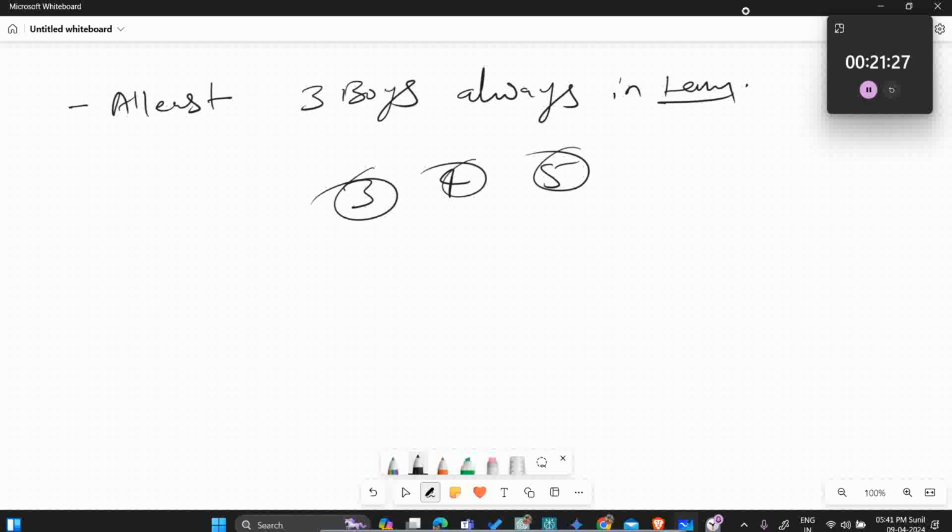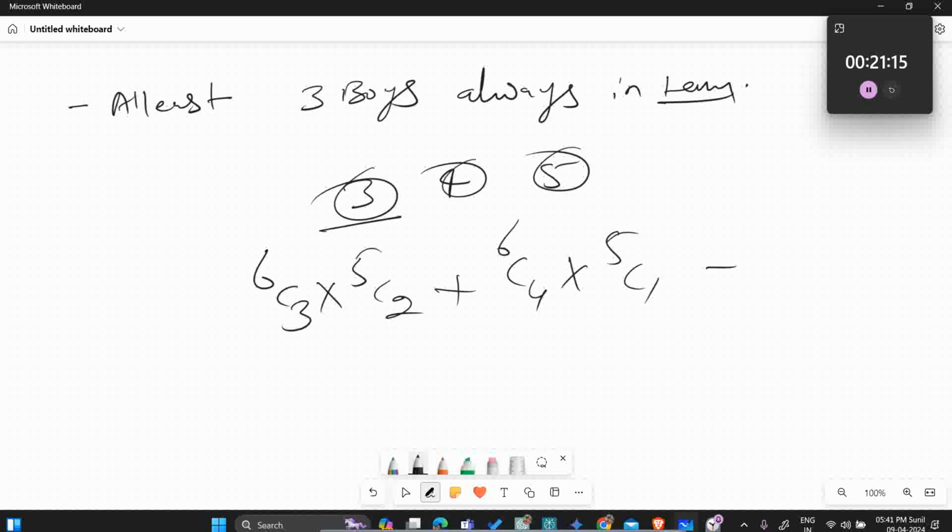So when we are selecting 3 boys, it will be 6C3 into 5C2 plus 6C4 into 5C1 plus 6C5 into 5C0. This is the answer.